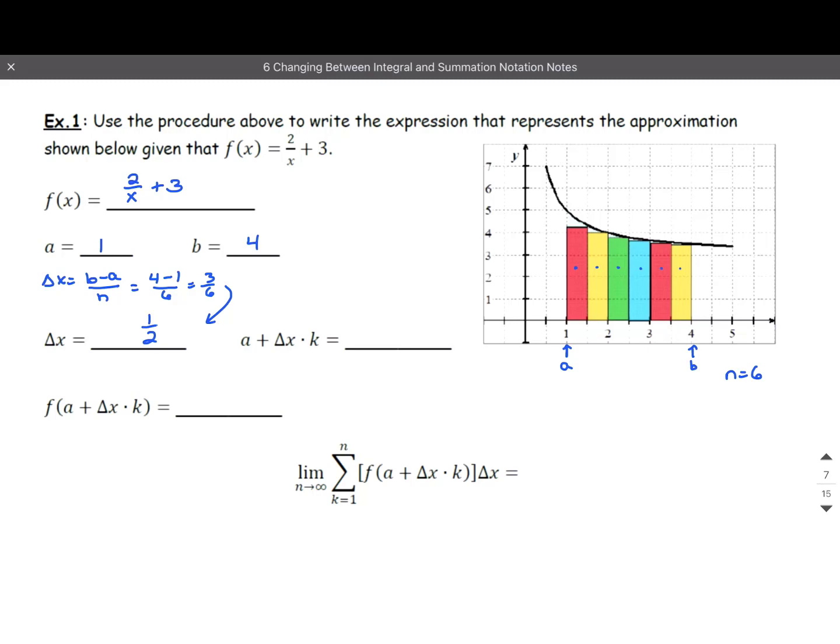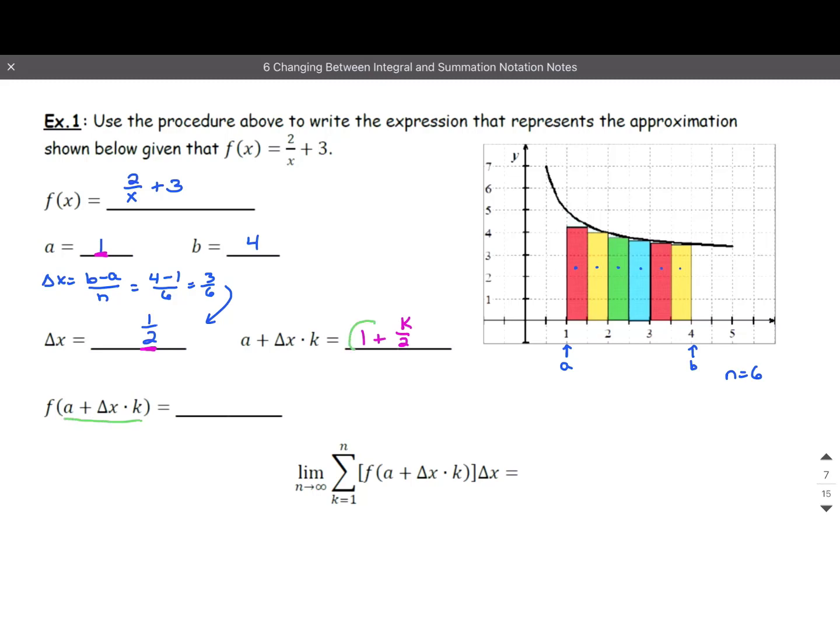Now, we're going to find a plus delta x of k. My a is 1 plus my delta x is 1/2 times k. So I could just make that k over 2, or you could use 1/2 times k. Doesn't matter, but make sure you have that 1 plus. Now, we're going to find f of this.